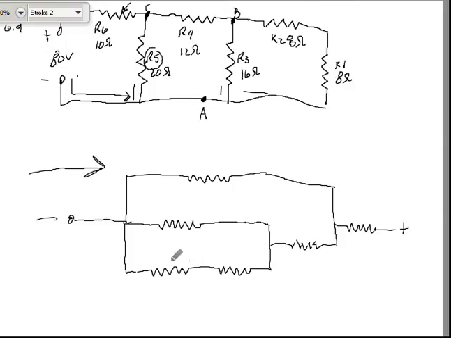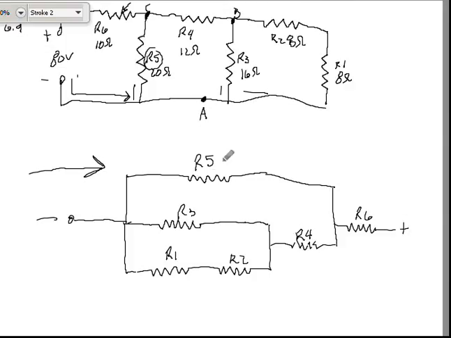So you see I have 3 parallel branches, but I also have a couple of series in here. So let's start right here. This is R5, R3, R1, R2, R4, and R6.